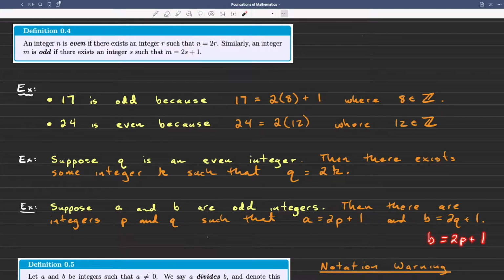We have to use a separate variable for b, because if I said b was 2p plus 1, and I also said a was 2p plus 1, that would say a and b are equal. But we don't know that a and b are equal here. We just know that a and b are both odd. The commonality that they have is being odd, not being exactly equal to one another. So we have to use 2 separate variables p and q there to capture that.